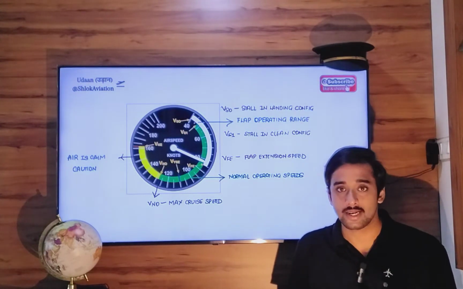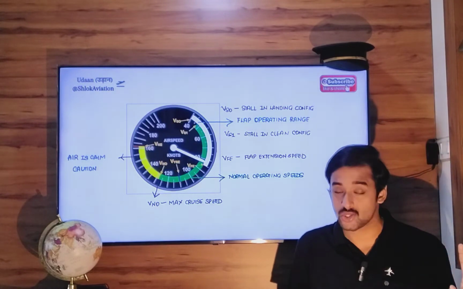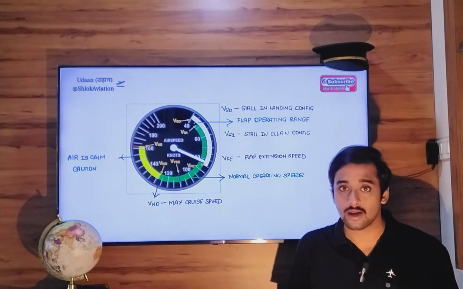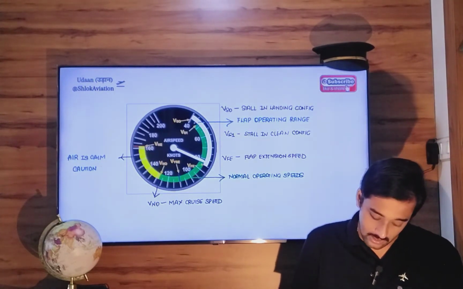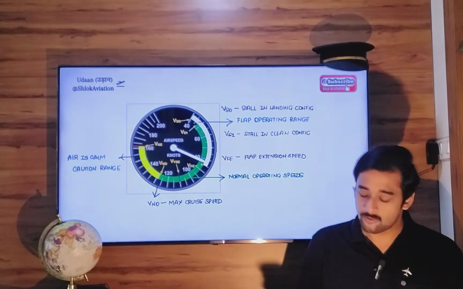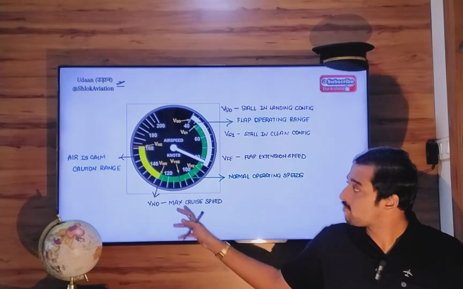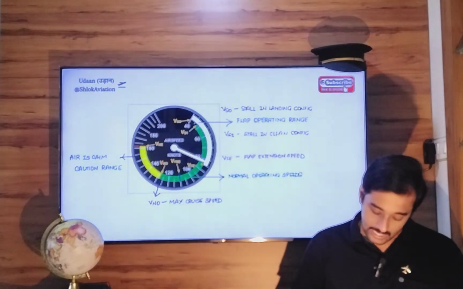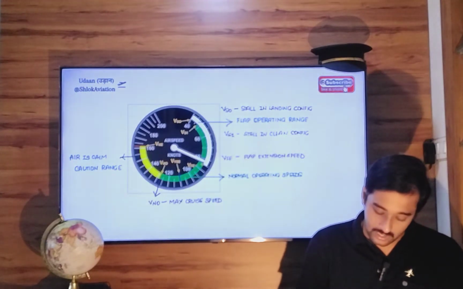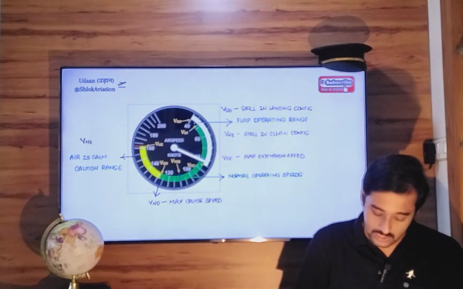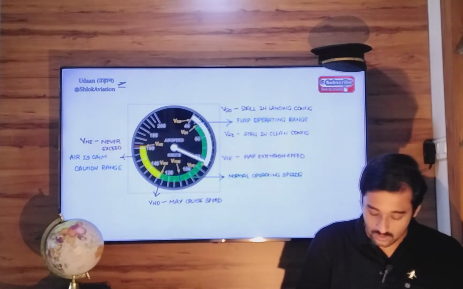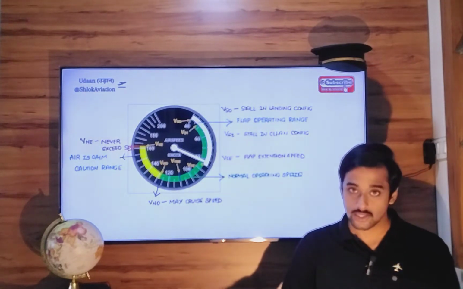You can only fly at that fast speed if the atmosphere is calm and stable. The lower limit of the caution range is VNO, maximum cruising speed or normal operating speed, and the upper limit is VNE, the never exceed speed.